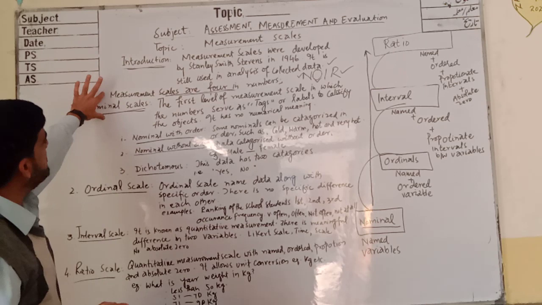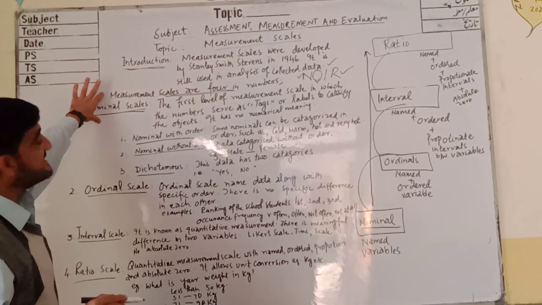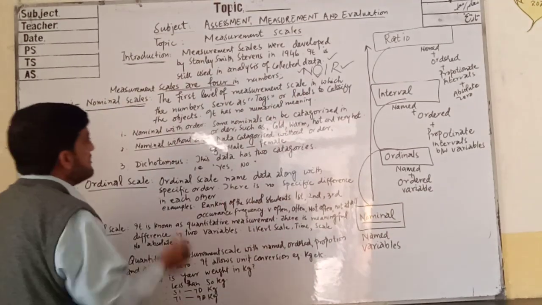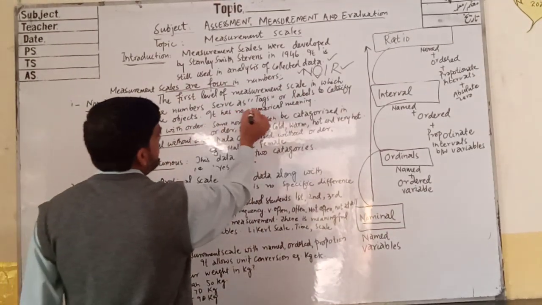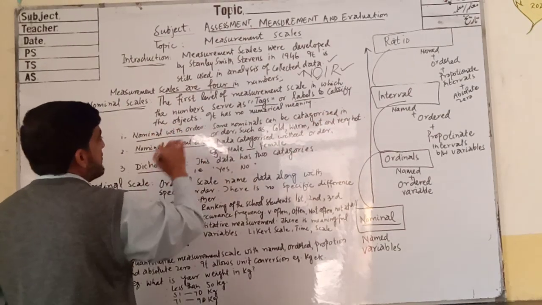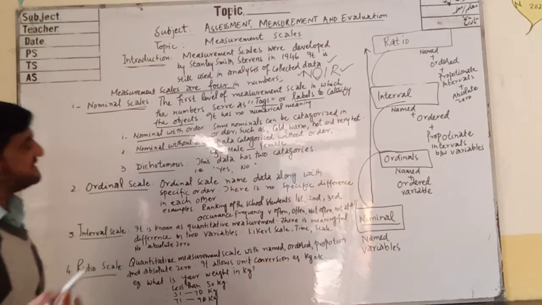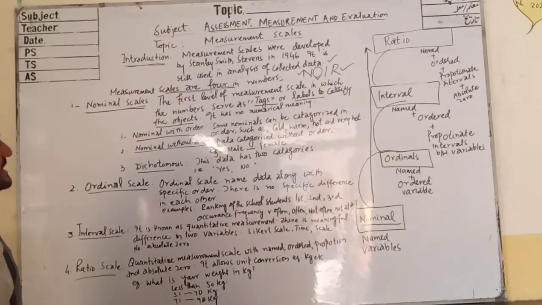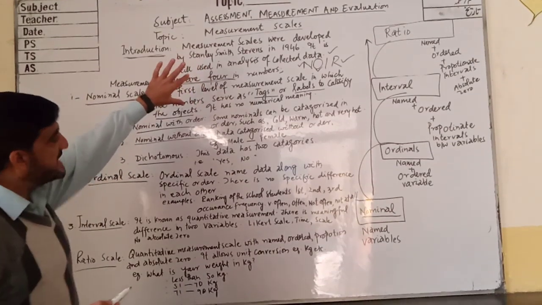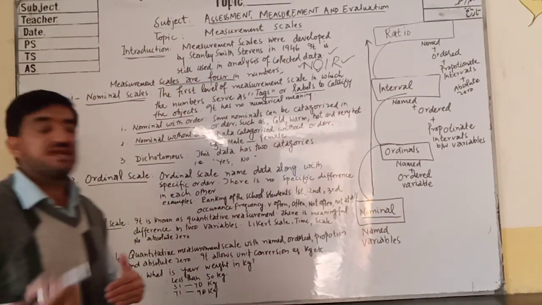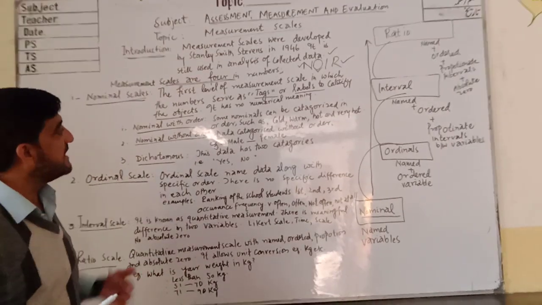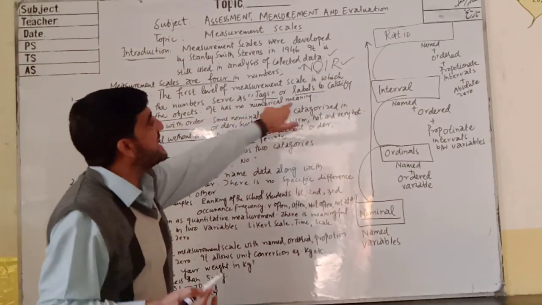Now let us see what is meant by nominal scale. As is clear from nomin, it means name. The first level of measurement scale is one in which the numbers serve as tags or labels to classify the objects. It is the first scale of measurement in which the data are labeled or tags are given to them, but it has no numerical meaning.